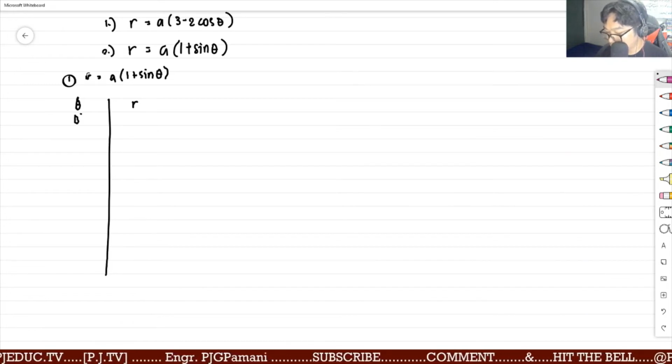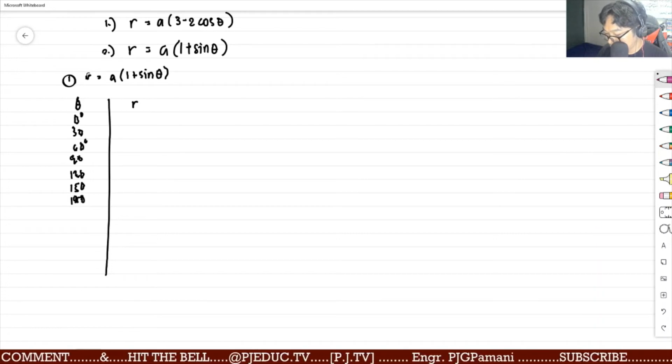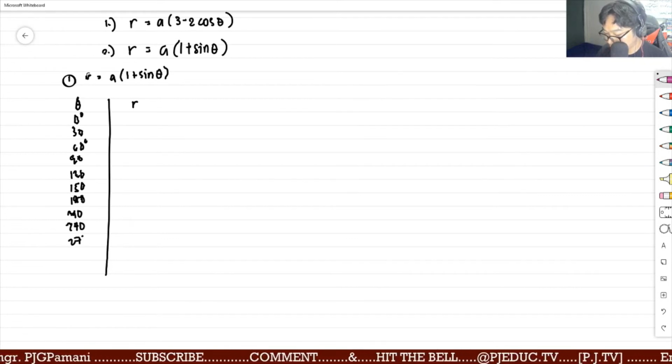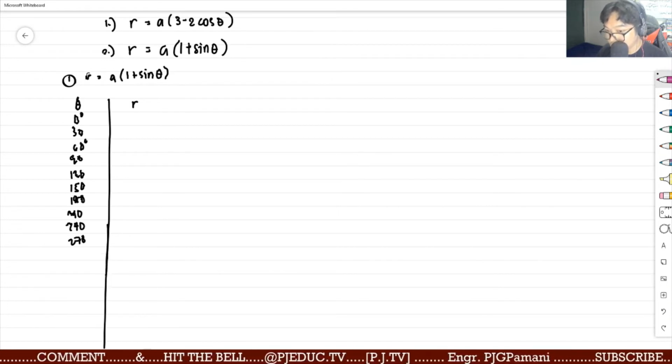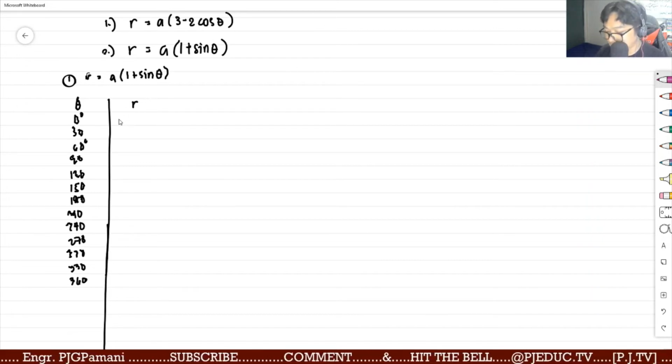So 0 degree, 30, 60, 90, 120, 150, 180, and so forth and so long. 210, 240, 270, 300, 330, and 360. Substitute lang natin si theta doon sa equation ni radius.